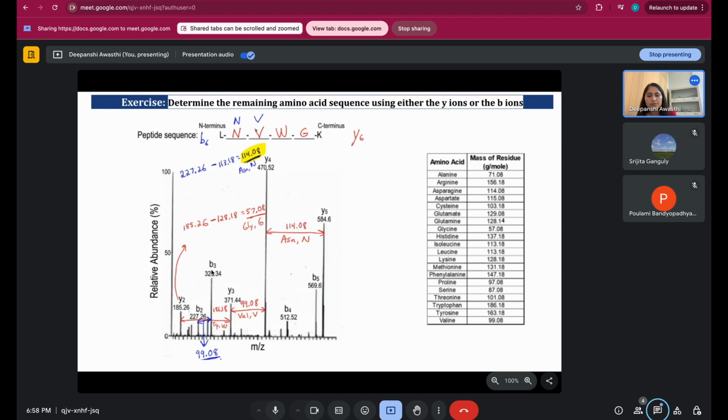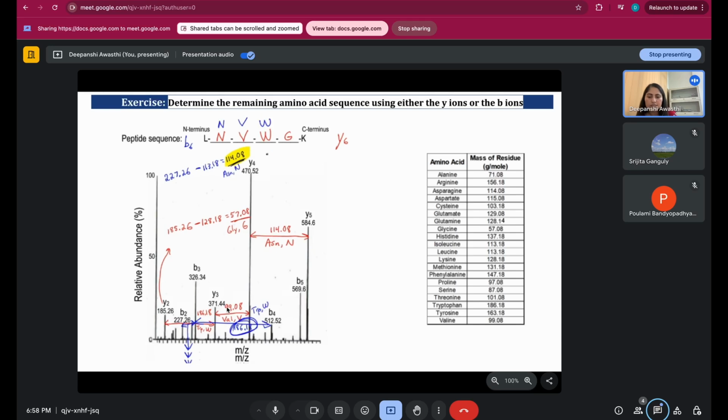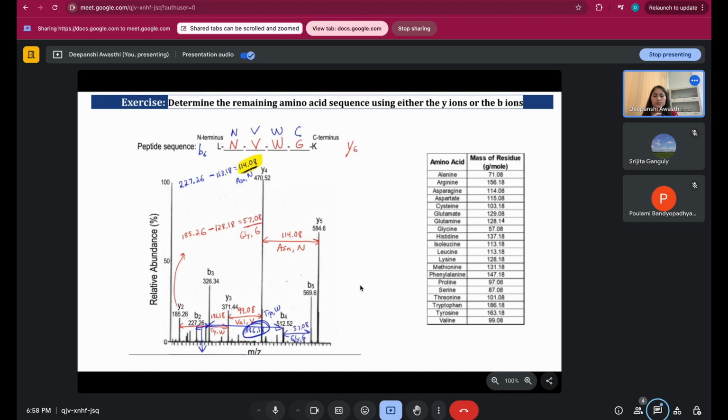Similarly we subtract B3 and B4, and after subtracting them we get the mass of 186.18, which corresponds to tryptophan. Similarly now B4 and B5 are present, so we subtract the mass between both of them. We get a mass of 57.08, which corresponds to glycine.